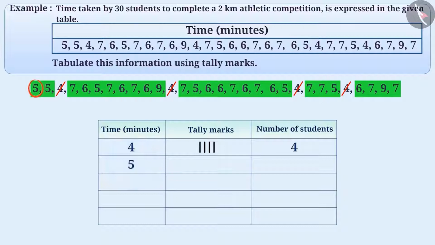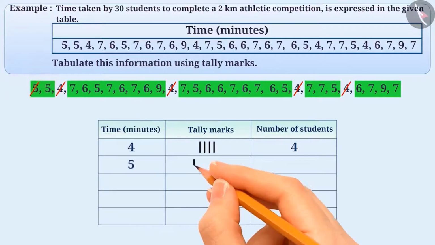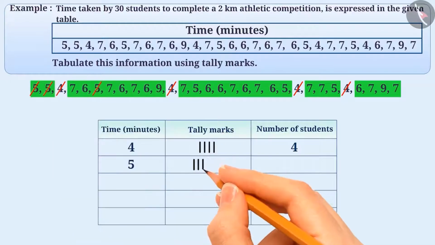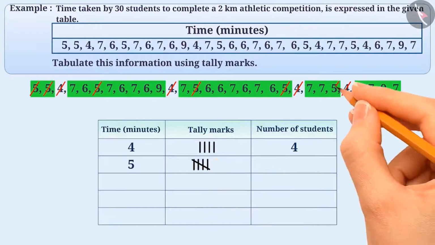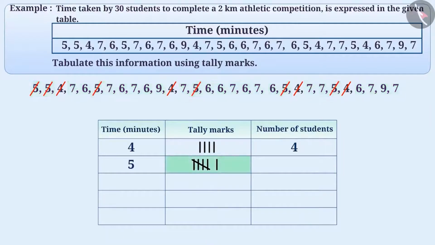Again, we will continue to count 5 and make tally marks. By looking at the tally marks, we can find that the number 5 has occurred 6 times. Similarly, we will complete the entire table, by which we know that the next number is 6, for which we will continue to cut 6 in this way and make tally marks.